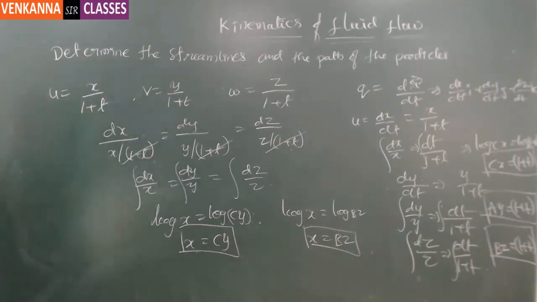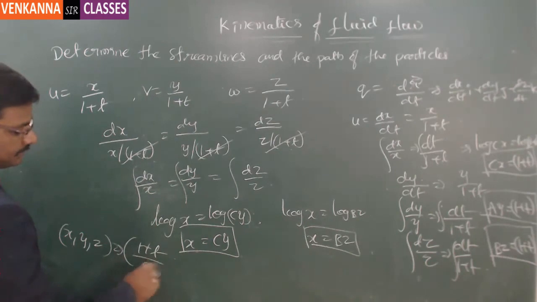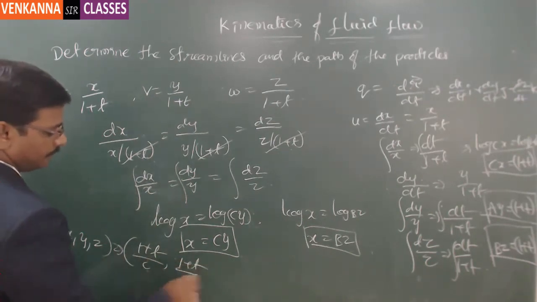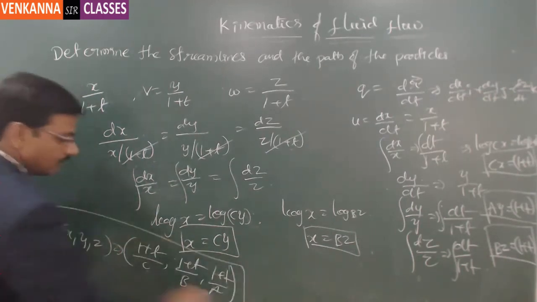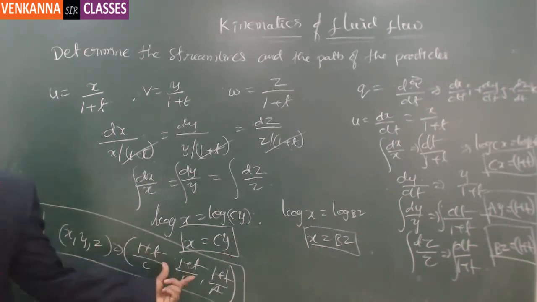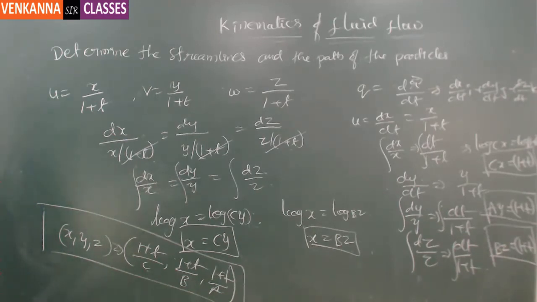So x, y, z is nothing but 1 plus t by c, 1 plus t by b, 1 plus t by a. These are the particle coordinates at any instant of time. If you notice, all are functions of time, but these are the xyz positions corresponding to it. Clear? Understood?